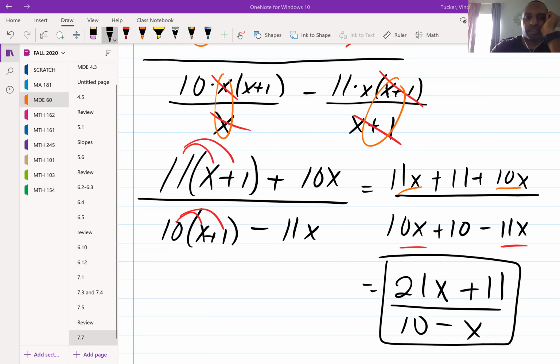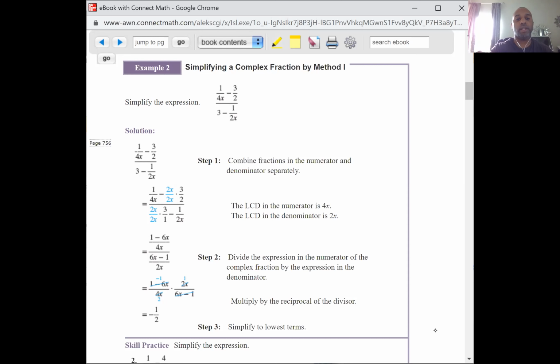Well, they combine it. Remember I said there are 2 ways of doing it. One way is to multiply each numerator by the LCD. That's method 2. But like you said, this is method 1. So what they're doing is finding your common denominator and then combining it. They're saying the LCD is 4x in that numerator.